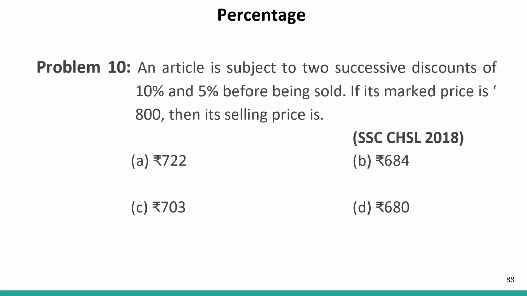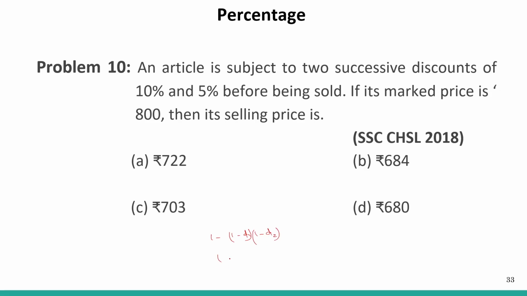Let's solve problem number 10. An article is subject to two successive discounts of 10% and 5% before being sold. So if its marked price is 800, then its selling price is. So the article is subject to two successive discounts, 10% and 5% before being sold. Okay. So we know the cumulative percentage formula, that is 1 minus d1 into 1 minus d2.